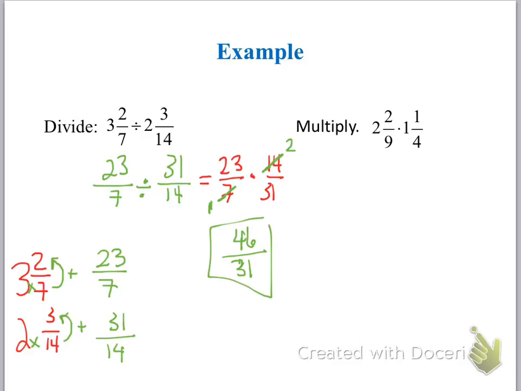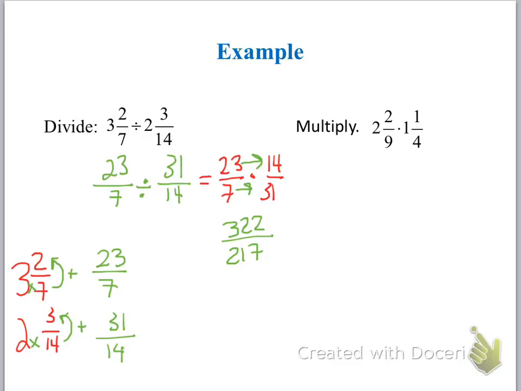So you can do it that way, or let's back it up. And 23 times 14, just multiplying straight across like we did in the other problems, is 322. And 7 times 31 is 217. Then I need to find a common divisor of those two so I can simplify. And let's see here.